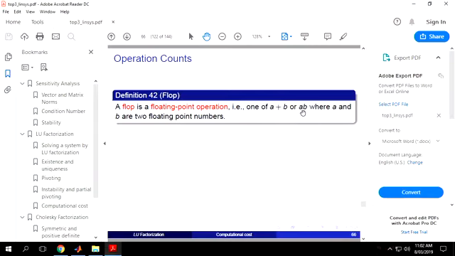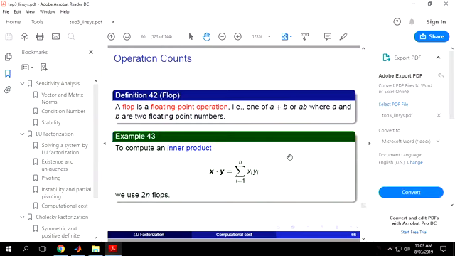Any operation that involves plus, minus, multiply, or divide, we call one floating point operation, and the shortened acronym is flops. So one flop is just one operation like this.